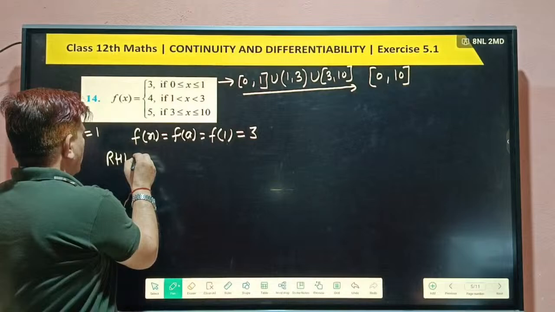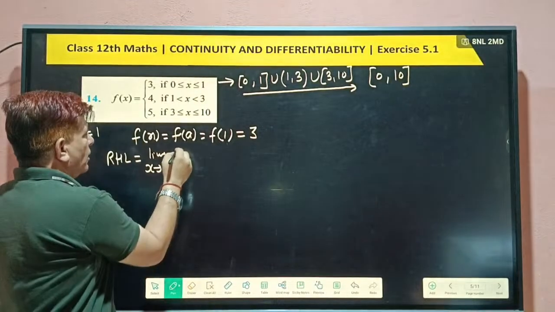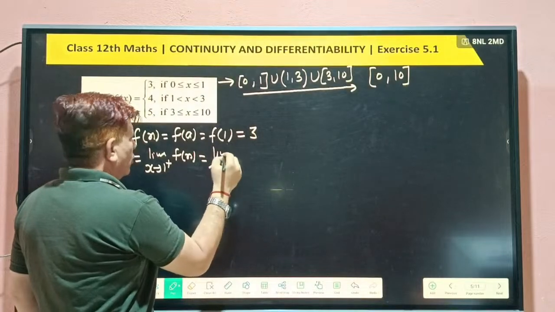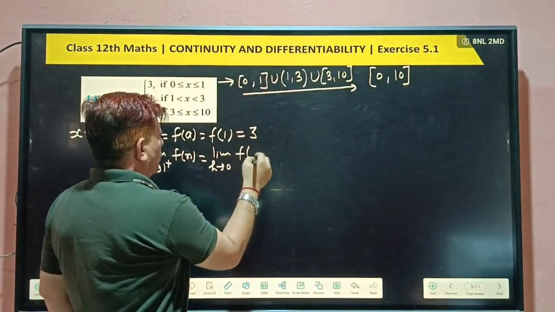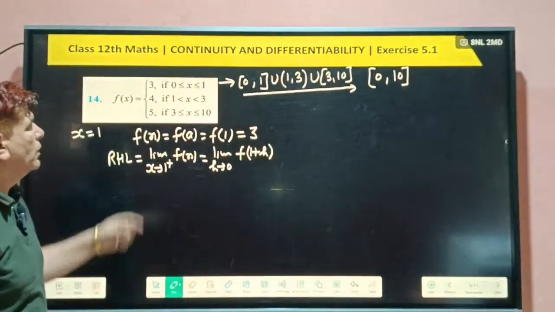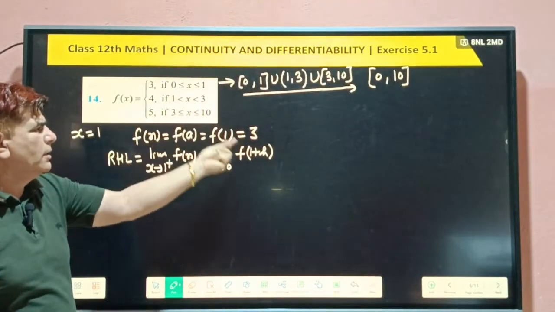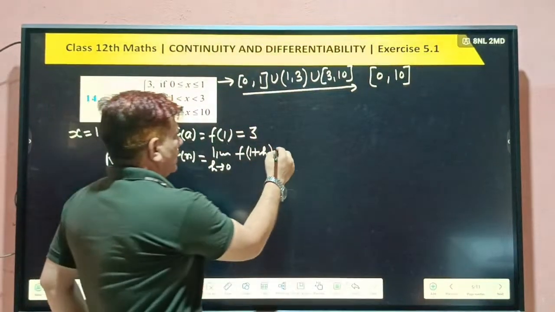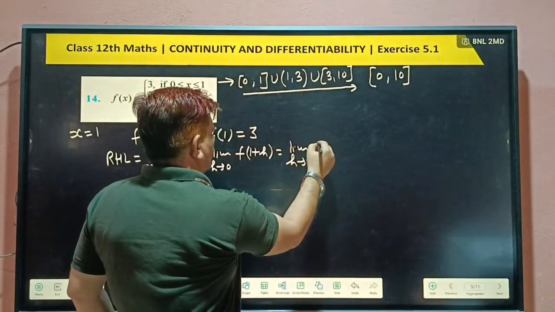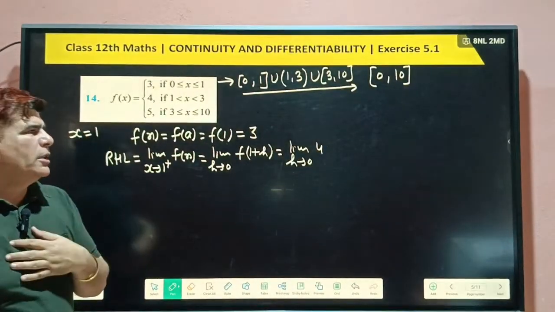RHL means limit x tends to 1 plus of f(x), equal to limit h tends to 0 of f(1 plus h). Here 1 plus h is where x is more than 1 and less than 3. So what's coming is limit h tends to 0 of 4. 4 is a constant quantity, so definitely continuous.